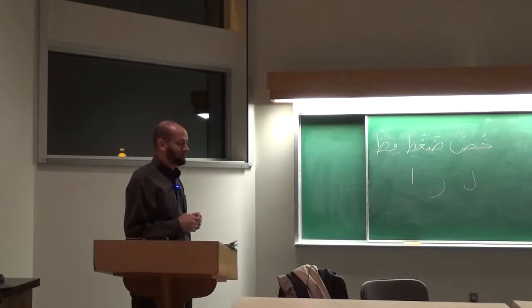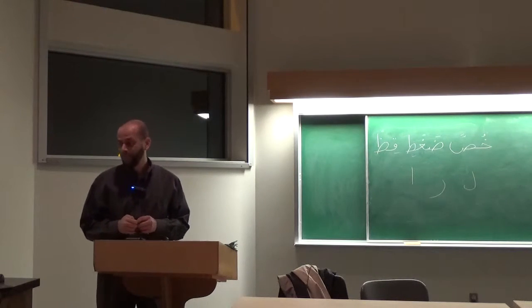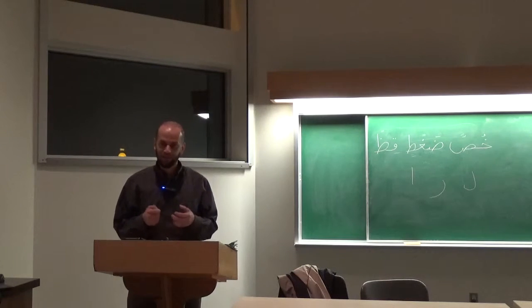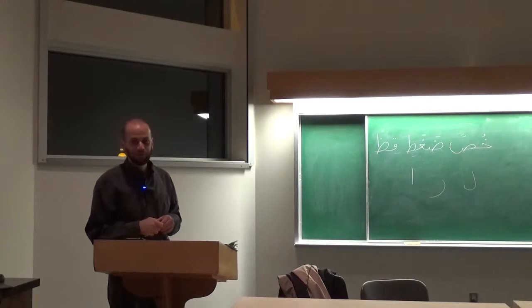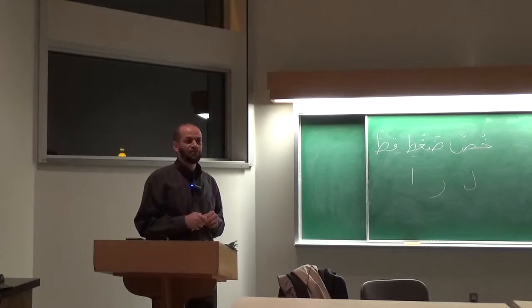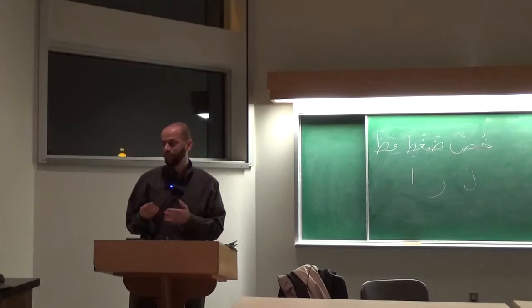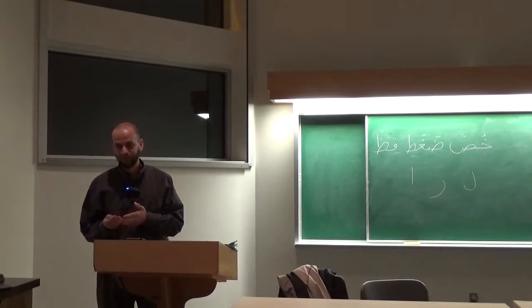What did we say about harf al-mad, the alif? We said that it always has a sukoon and before it a fatha, right? The reason it is sometimes soft, sometimes strong is because it follows the letter that comes before it.